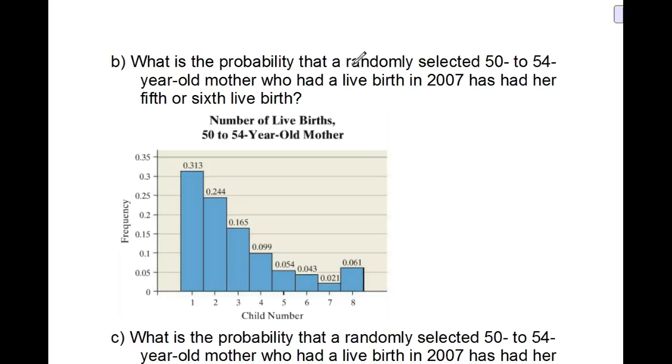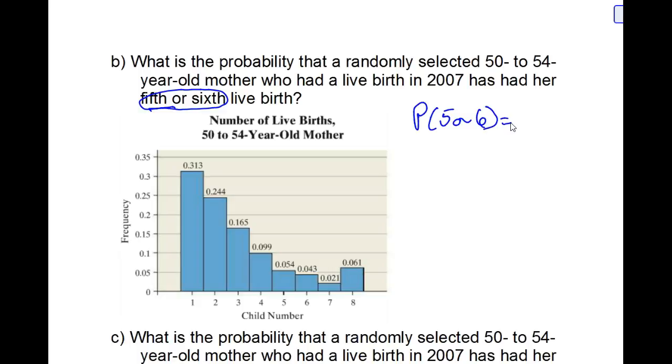So what is the probability that a randomly selected 50 to 54-year-old mother who had a live birth in 2007 has her fifth or sixth live birth? So notice here we're wanting fifth or sixth. So we're wanting the probability that it's 5 or 6.